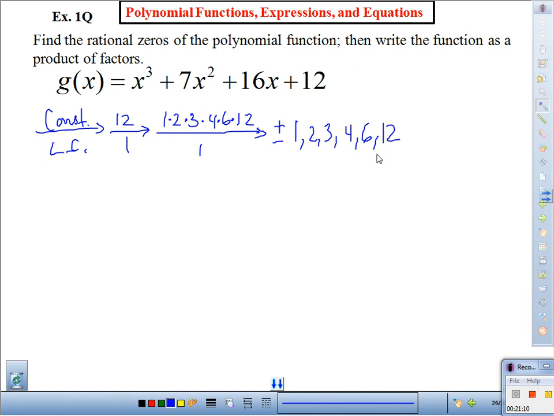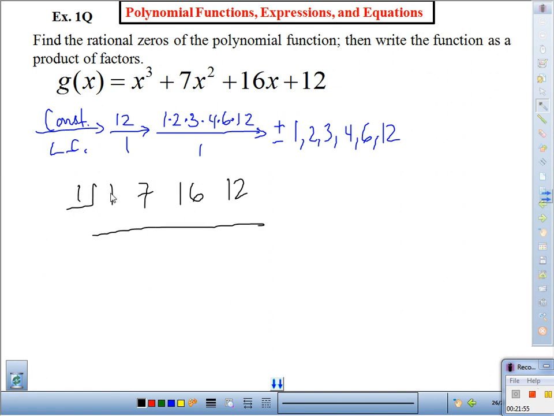So now that we have our possible zeros, we need to check to see which one is a zero. How do we check? Using, there you go, synthetic division. So let's get started. We got 1, 7, 16, 12, and we're going to divide by 1.